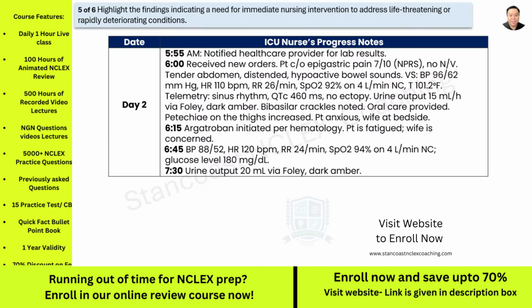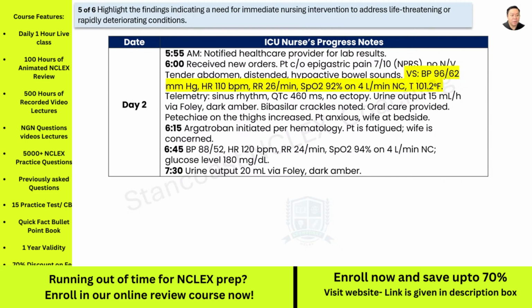So what are these phrases that you should highlight? One of those is the vital signs of blood pressure, heart rate, respiration, saturation, and temperature. This is such a cluster, all right? We're not actually highlighting them individually. This is a cluster for this patient at 6 in the morning.